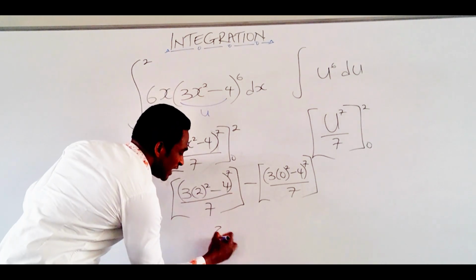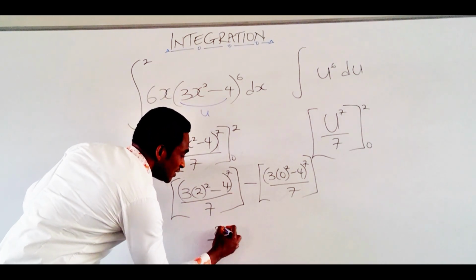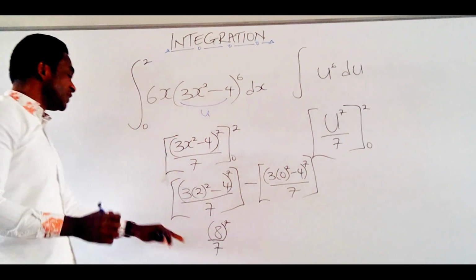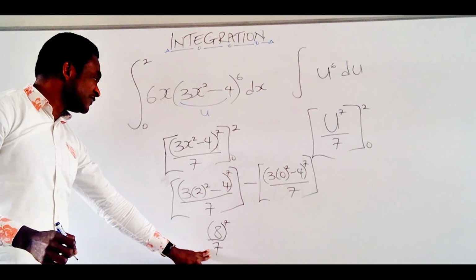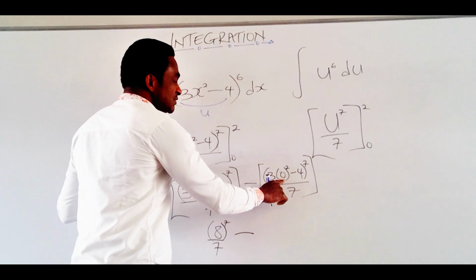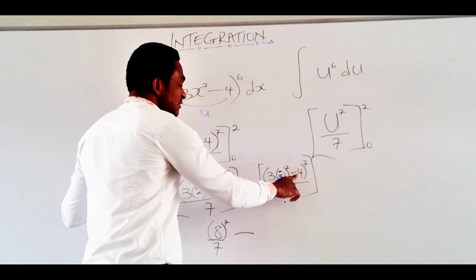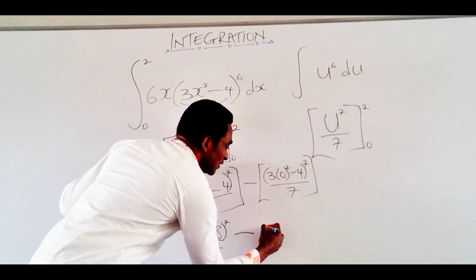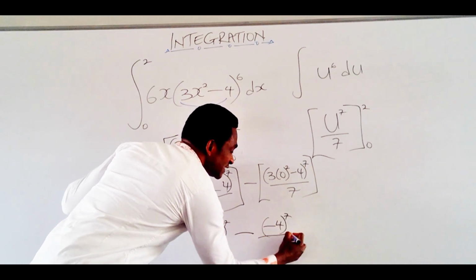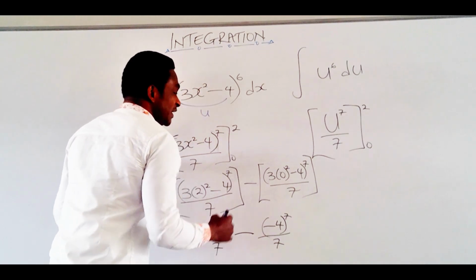So we have 8 to the power of 7 divided by 7, minus, 3 times 0 is 0, minus 4 to the power of 7 also, all divided by 7.